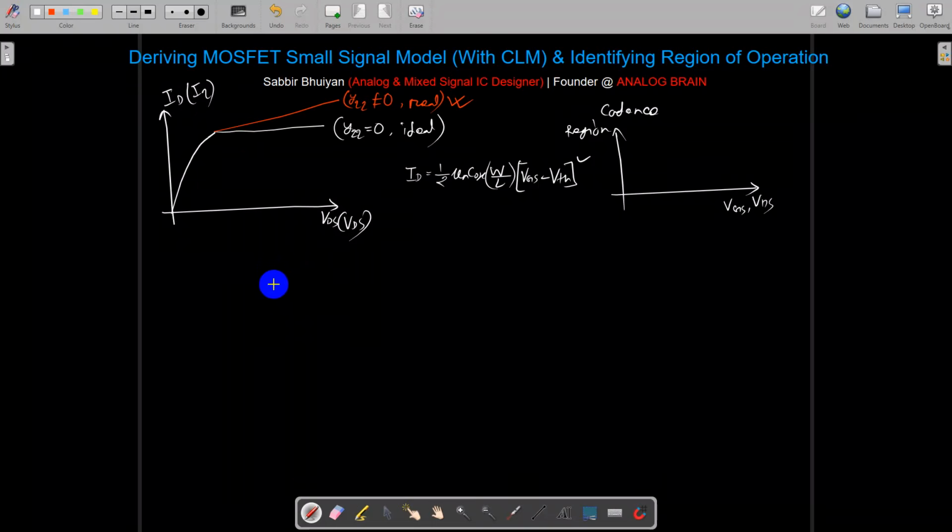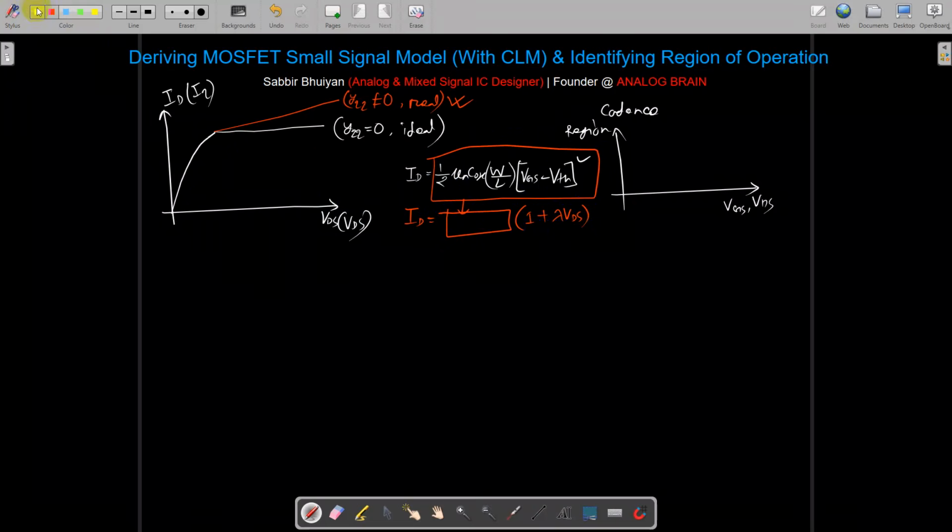But for the real one, this whole thing will appear here, and then we'll also have a factor of 1 plus lambda VDS.